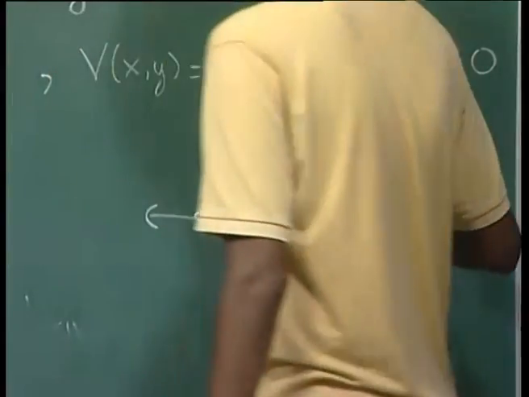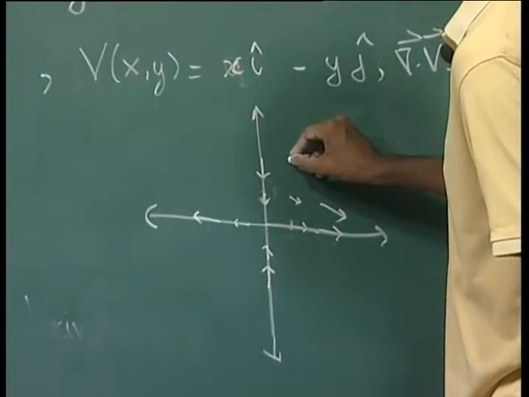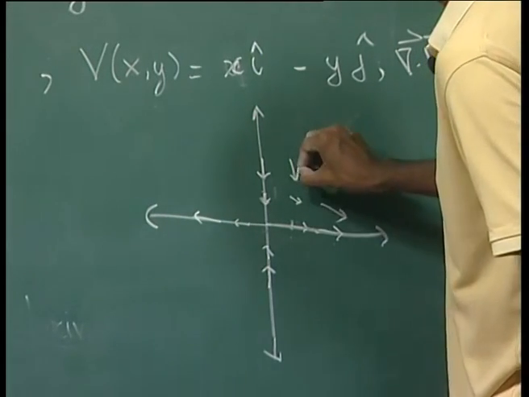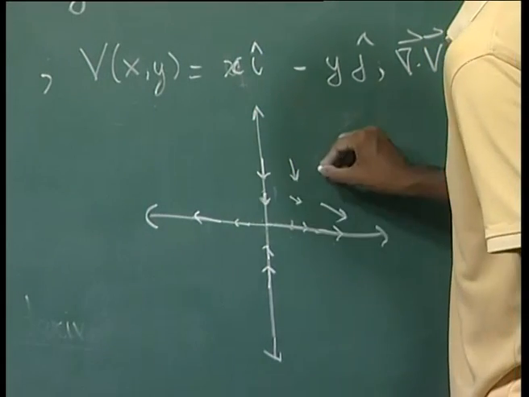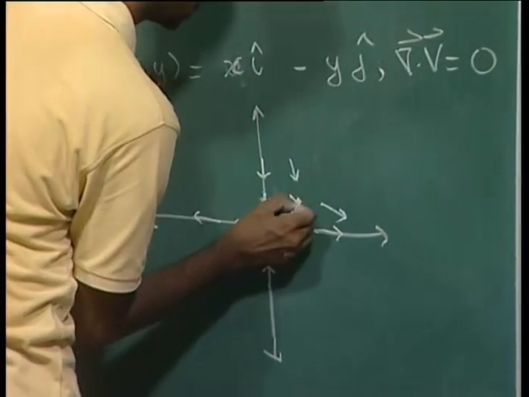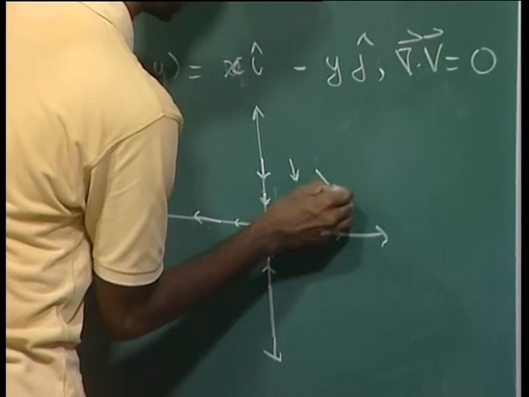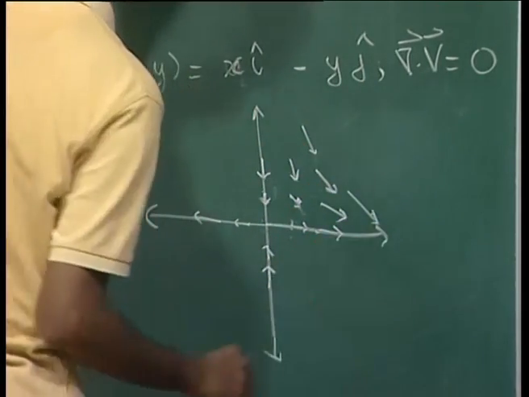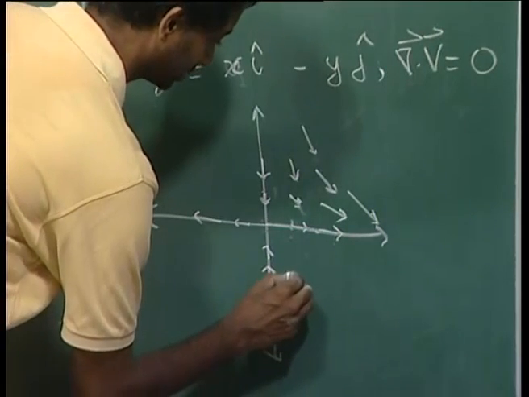And if you go to x equal to 1, y equal to 2, it will point along this direction. And if you go to x equal to 2, y equal to 2, it will point along this direction. So, it seems to come this way and go this way.